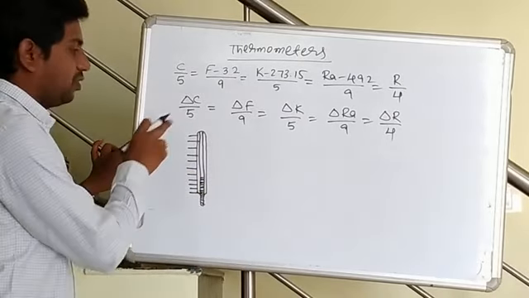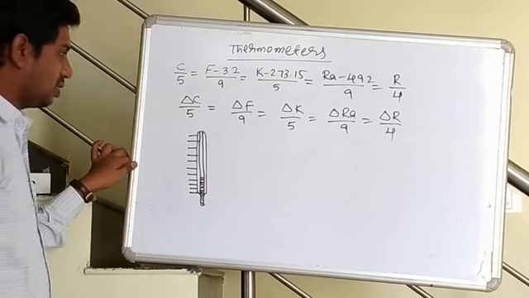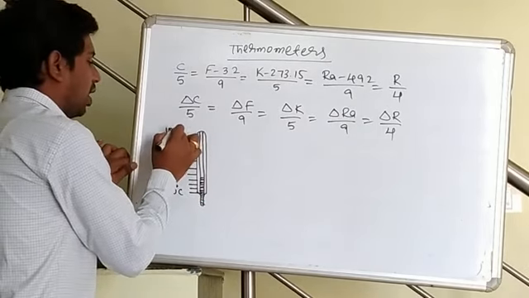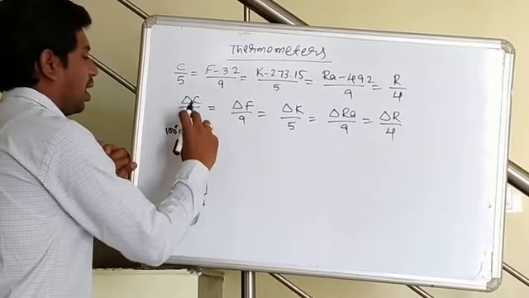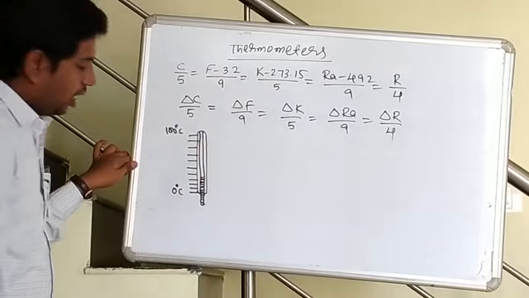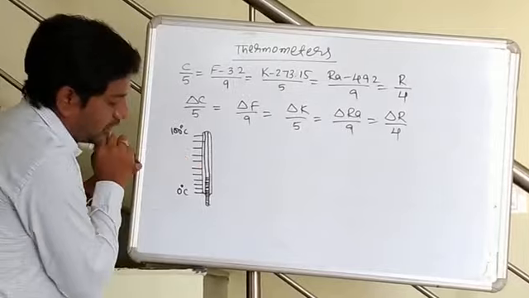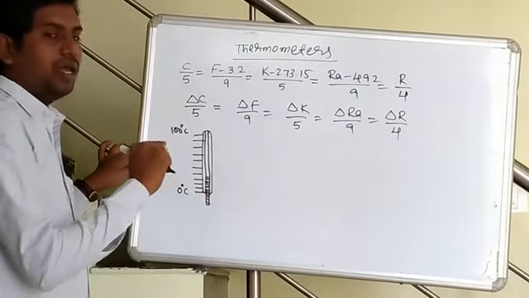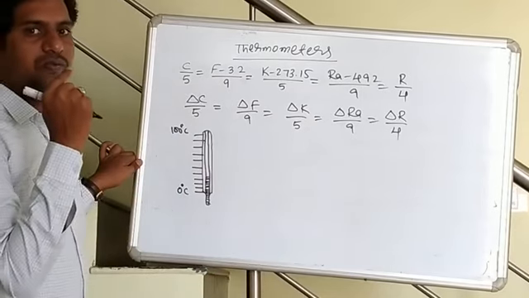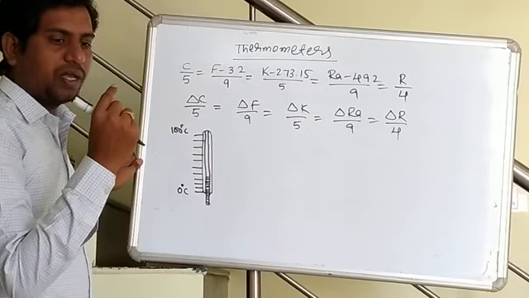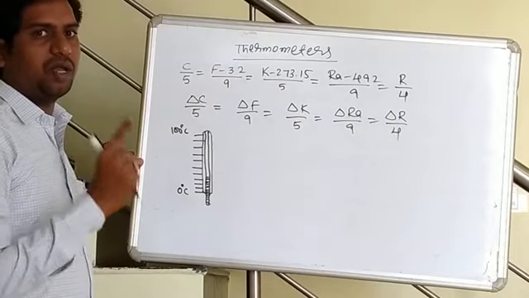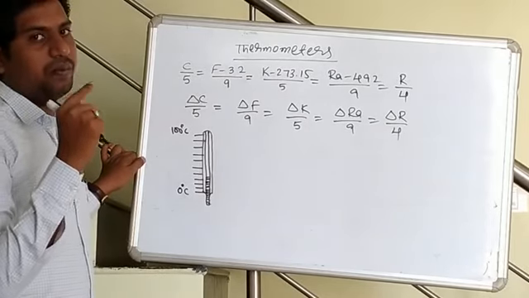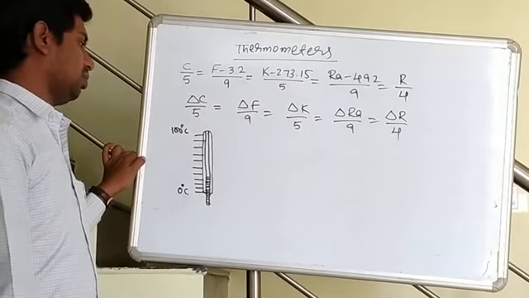For example, if we have used a Celsius scale, suppose it is 0 and 100, and we have 100 divisions, such that if the mercury expands by 1 division, there is a temperature change of 1 degree Celsius. Like this.